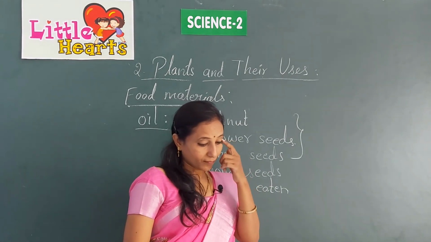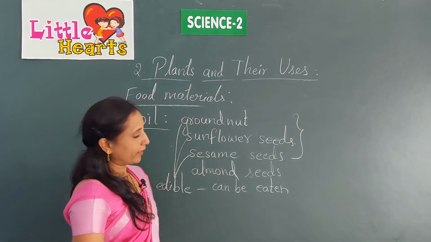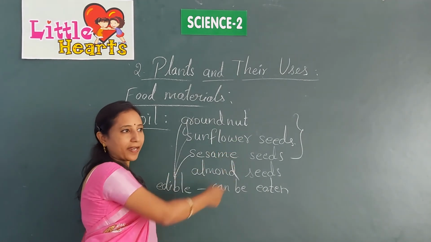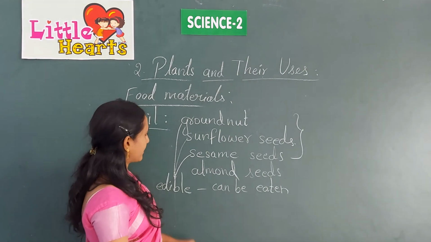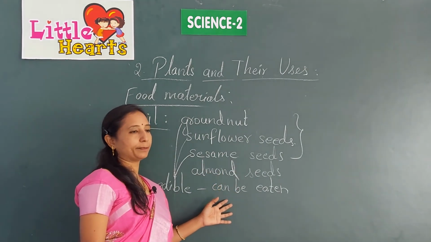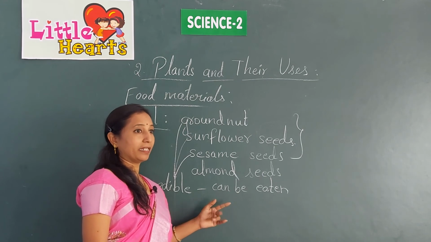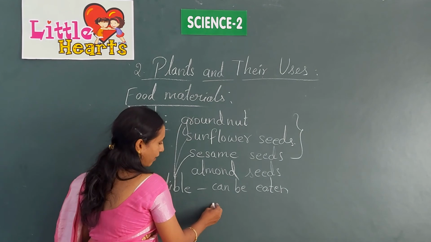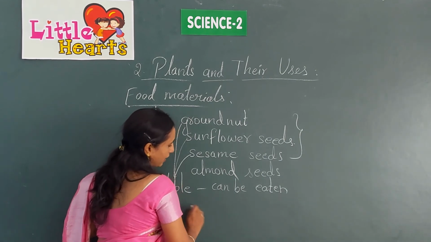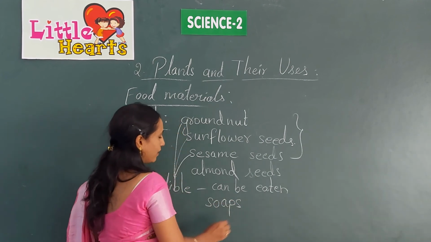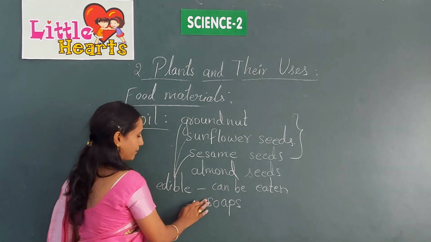And these oils are extracted from these seeds. Some other examples are neem oil, almond oil. These are the oils which are used to make soaps also. Even in the soaps they use these oils.